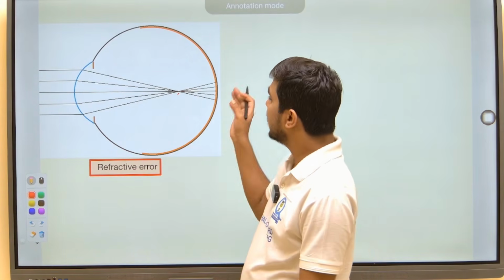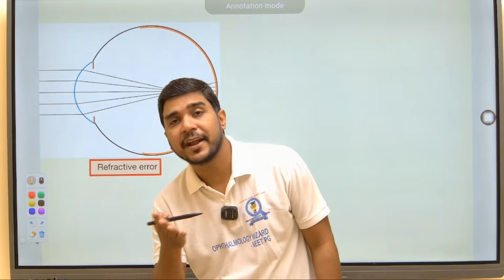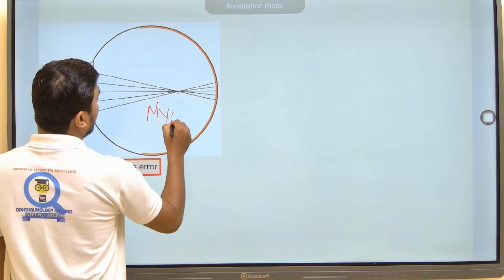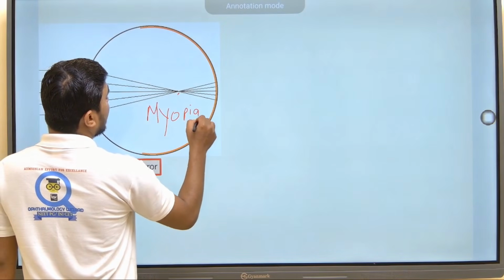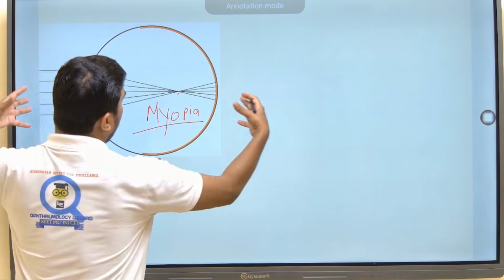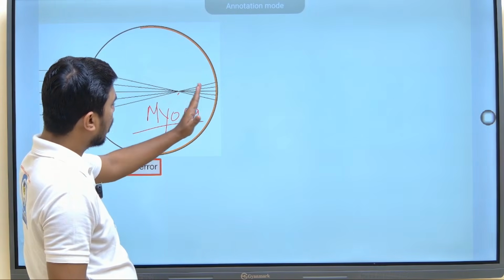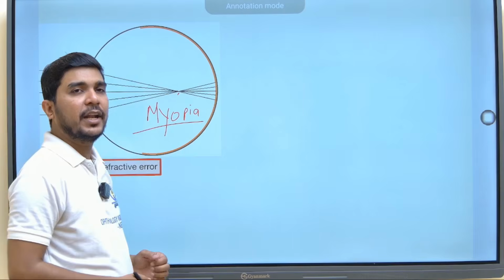And if they are meeting in front of the retina, what is the refractive error? Yes, the refractive error will be myopia, because the eyeball may have elongated and so the image of the object is falling in front of the retina.